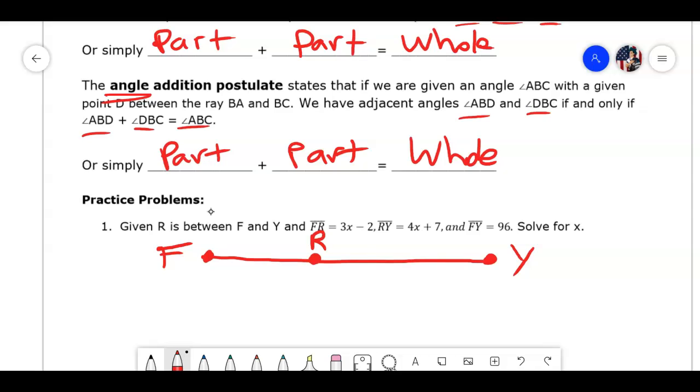Now let's label it. It says FR, for real, is 3x minus 2. Let's go ahead and draw that. 3x minus 2 is FR, for real. Then it says RY is 4x plus 7. So let's label RY 4x plus 7.